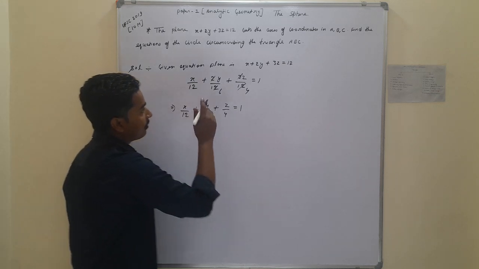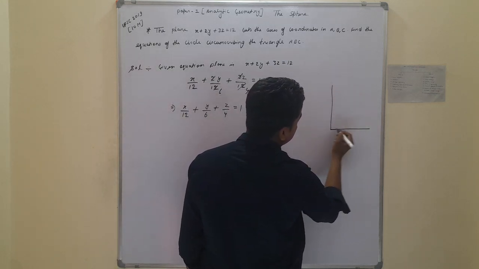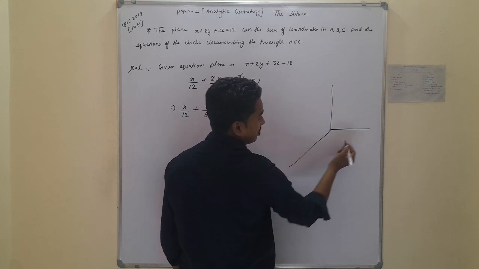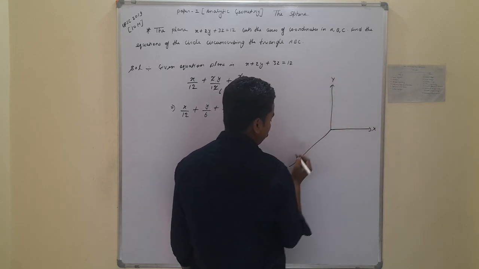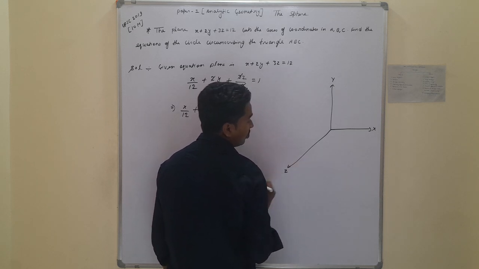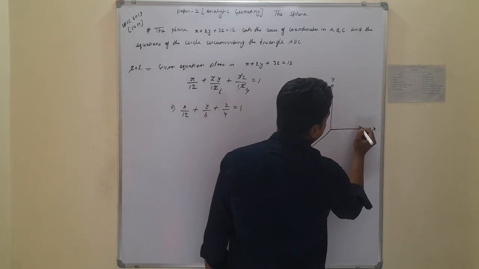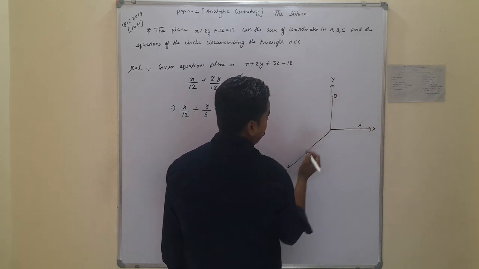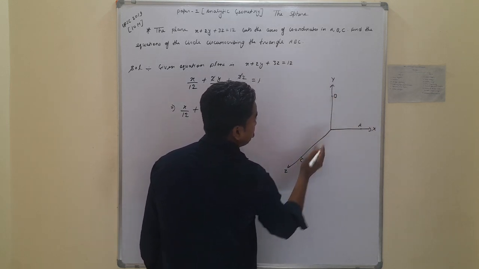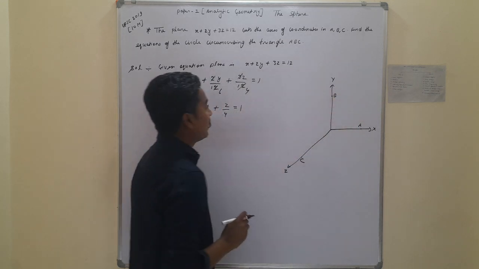Here we have to draw the figure. This is the x axis, this is y and this is the z axis. The x axis is cut at point A, the y axis at point B, and the z axis at point C. We have to find the coordinates.